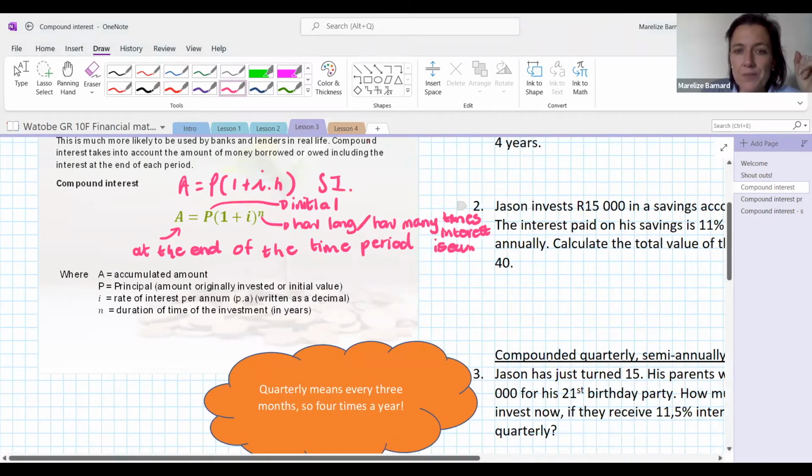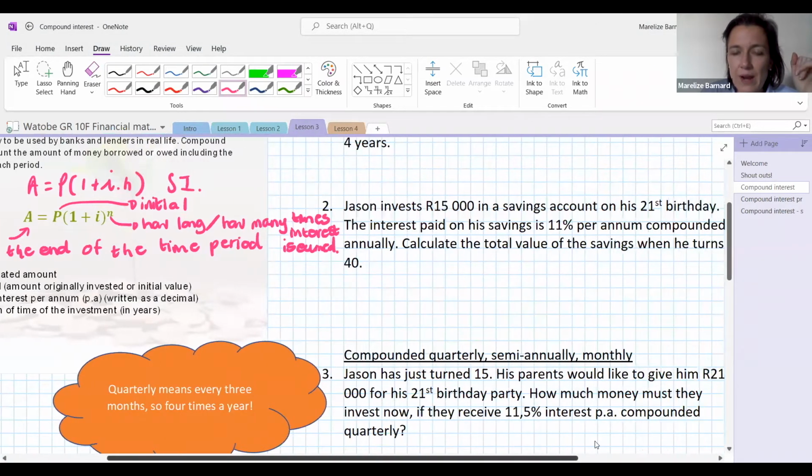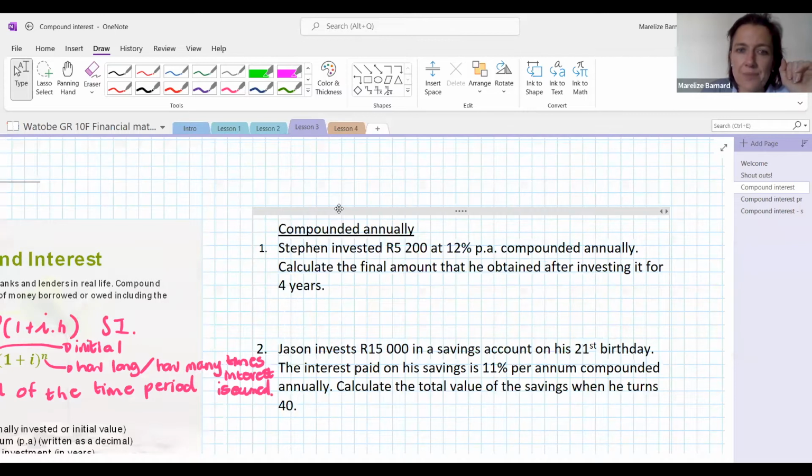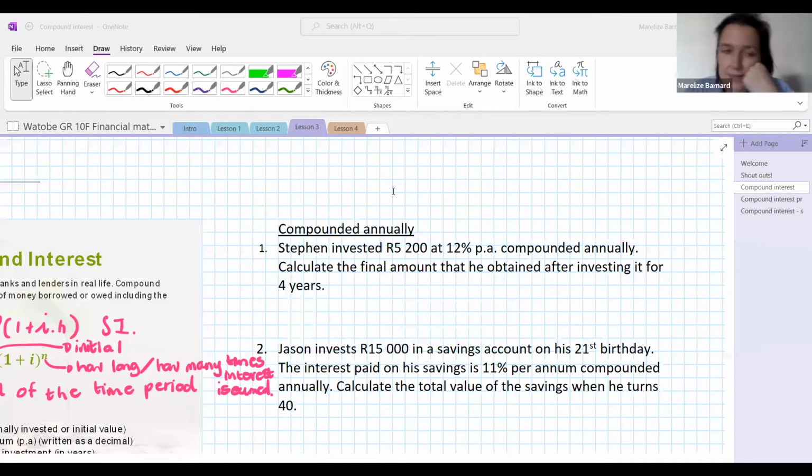Okay, so we're going to get into it right away because I see most of you have already learned this at some point. What happens with compound interest is that interest can be compounded a different number of times, depending on what the bank says their policy is.